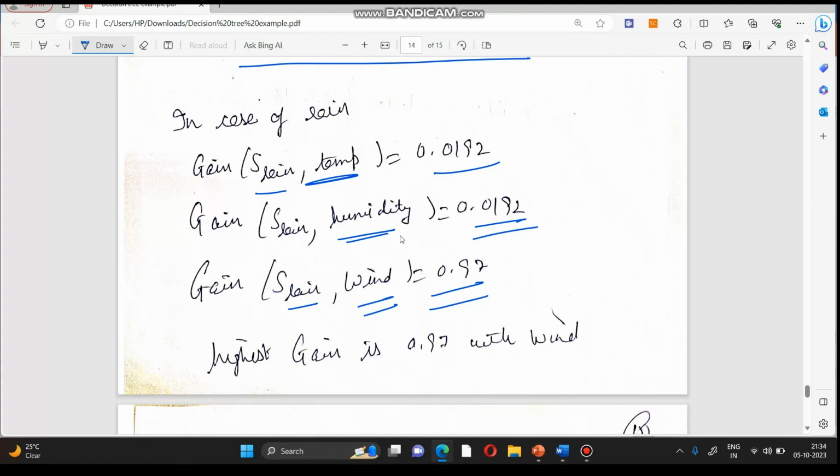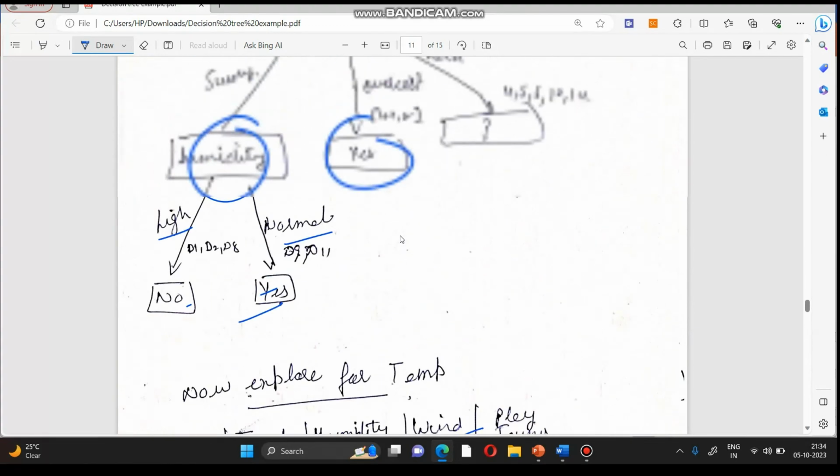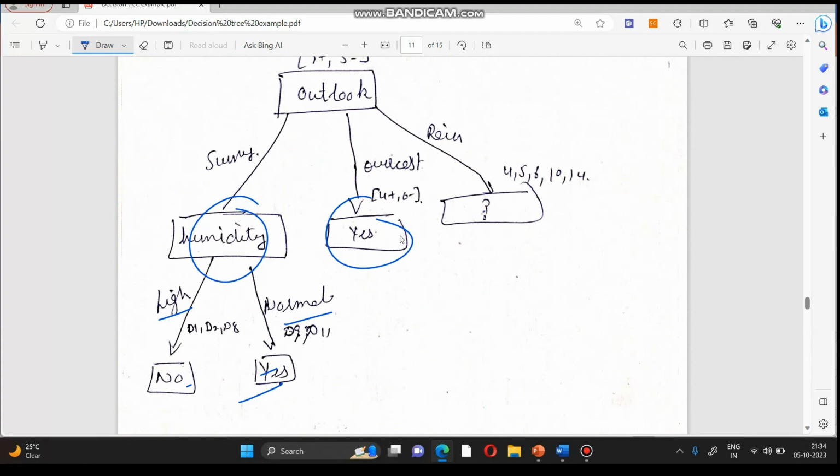It means from these attributes, we will proceed with the highest value in this case. We have already seen which one is the highest, so based on that we will expand. We know that it is wind, so it will be replaced with wind.